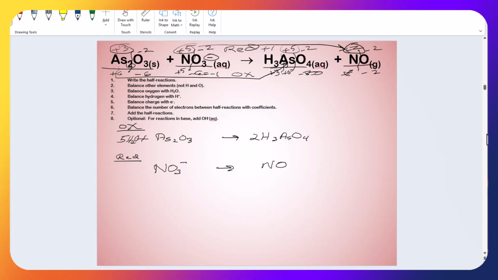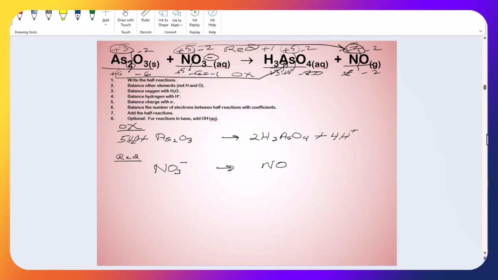All right, that gives me 5 oxygens plus 3, that's 8. 2 times 4 is 8. But now I've added 5 times 2, 10 hydrogens. The way we balance hydrogen in acidic conditions is we add H plus to the side that's deficient in hydrogen. Now I already have 2 times 3, which is 6 hydrogens. So all I have to add are 4 H pluses over here.